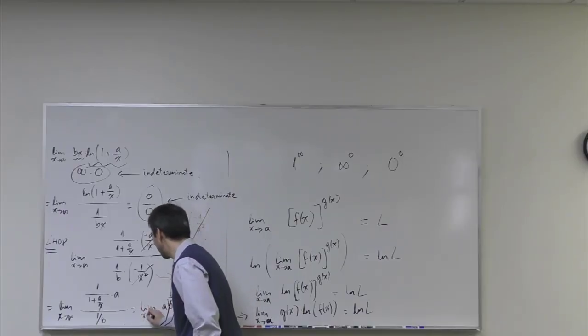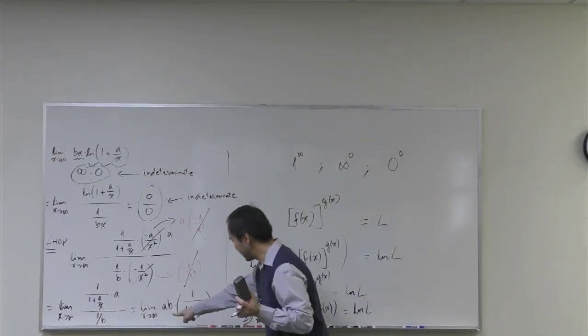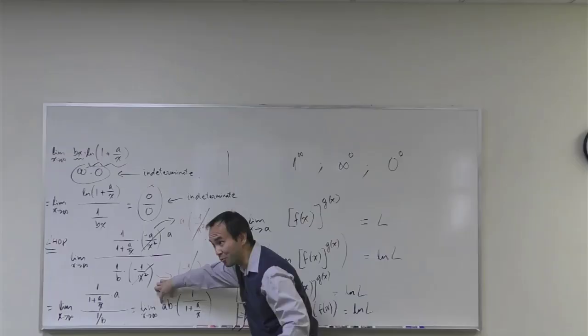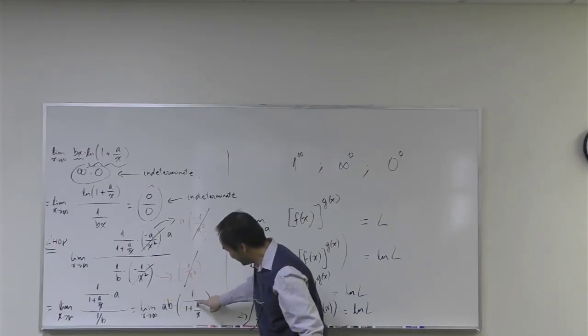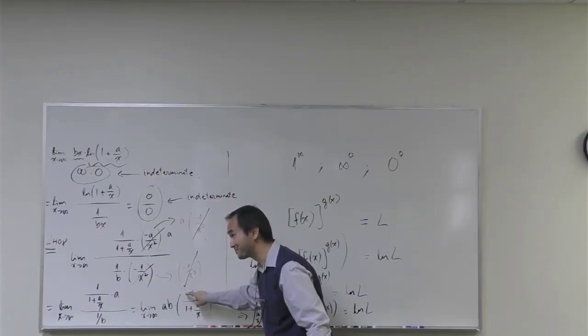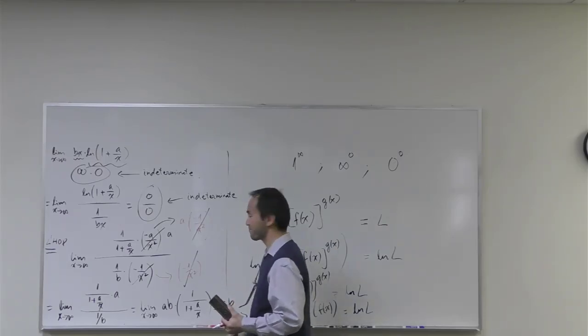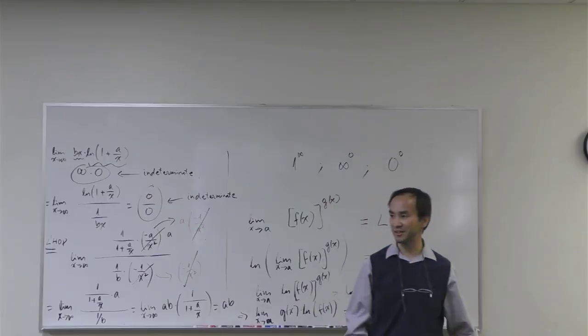Take the limit as x goes to infinity. As x gets large, this ab is one big coefficient. The only quantity that's changing is the a over x, and that goes to 0. So 1 over 1 plus 0 is just 1. So the final limit comes out to ab for that left-hand side.